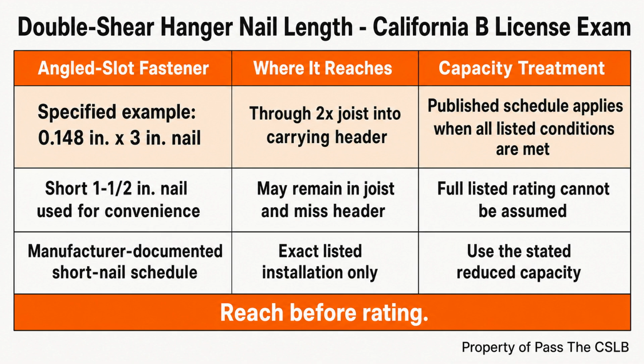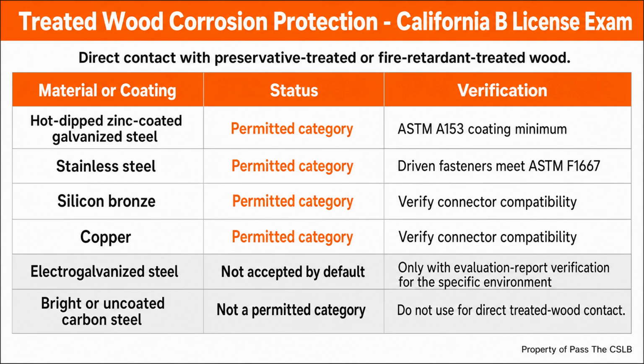The 2025 California Building Code Section 2304.10.6 and the 2025 California Residential Code Section R317.3 address fasteners and connectors in contact with preservative-treated or fire-retardant treated wood.